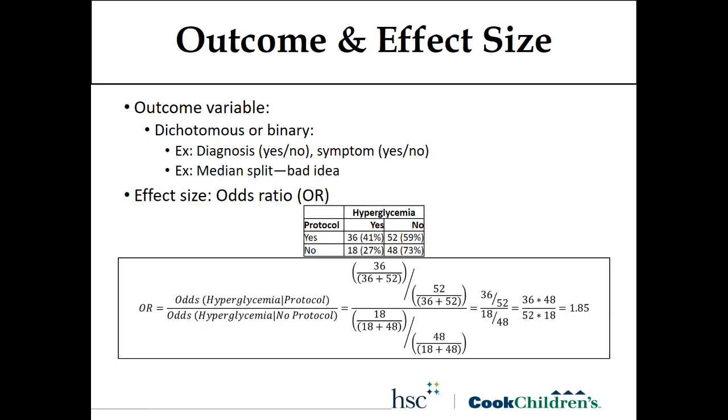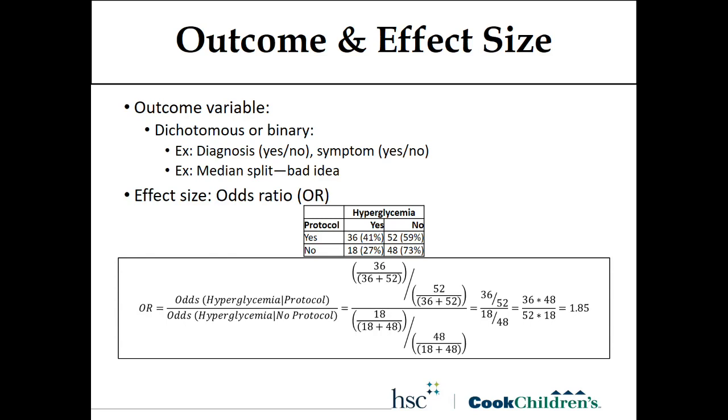So we're going to apply that to the hyperglycemia study: the odds of being hyperglycemic given that you're in the protocol group, divided by the odds of being hyperglycemic given that you're in the no protocol group. Plugging in the frequencies from that table, not the percentages, is 36 divided by 36 plus 52, and so on.